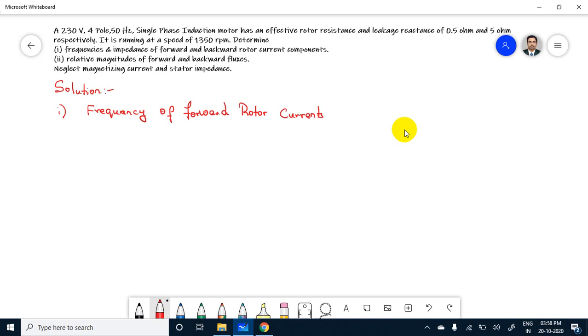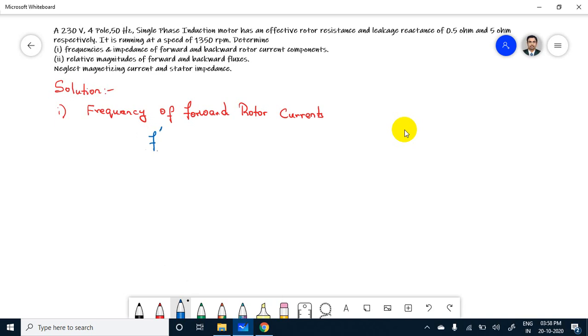The formula for this, F dash, where dash stands for rotor.